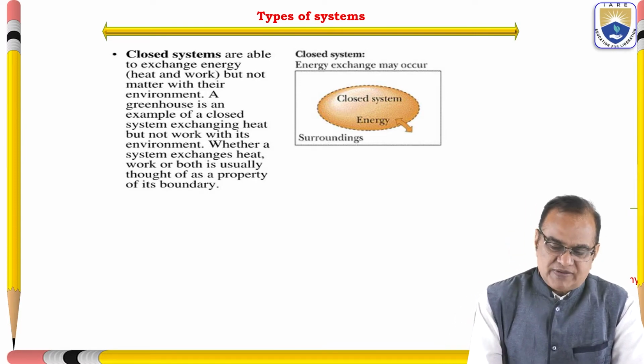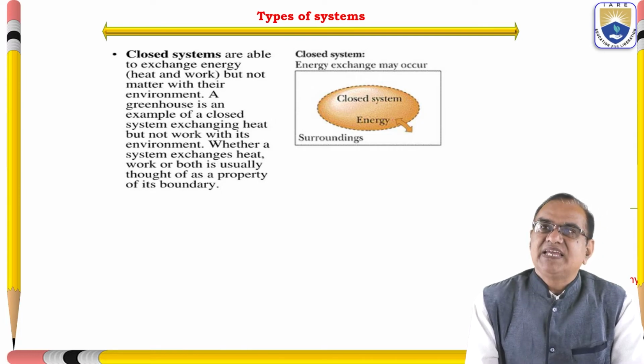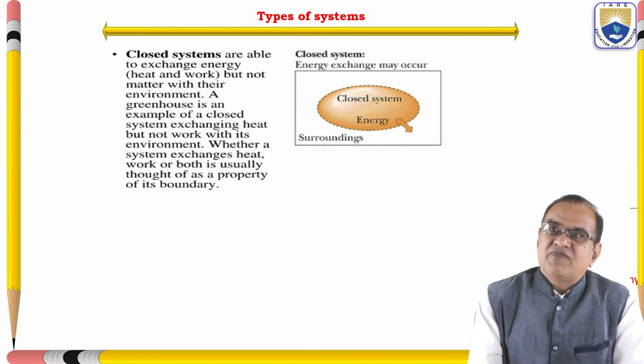So this you can see as a closed system. In this closed system, energy is transferred from system to the surrounding or surrounding to the system. But matter, means mass, will be the same.